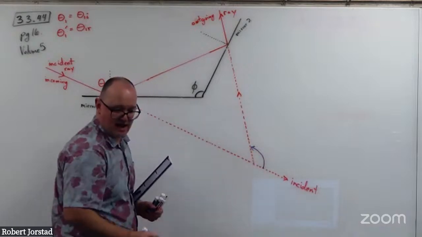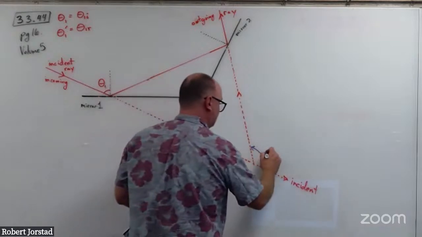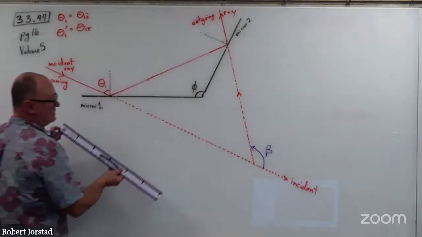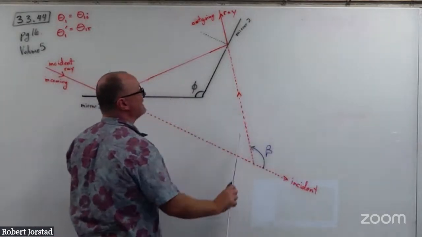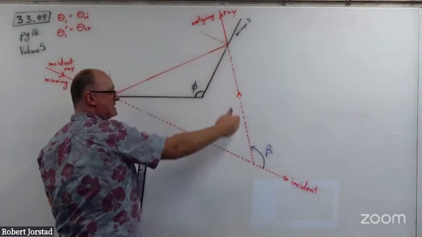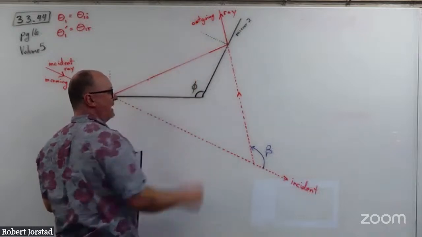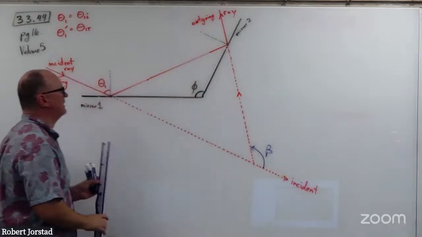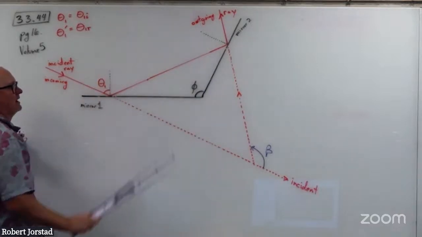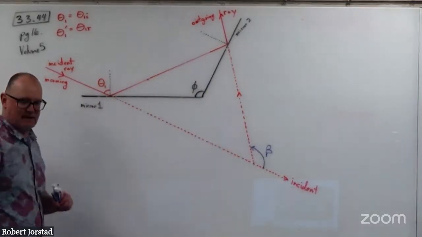So this is the angle, I called that beta. Our goal in this problem is to figure out beta, the angle between the incident direction and the outgoing direction. So notice I had to back extend the reflected outgoing ray so that I could get this angle, right? But you could imagine this one was coming in and it's going to be bounced out that way. So it's effectively bounced off at this angle beta.